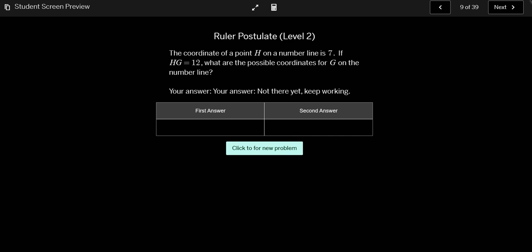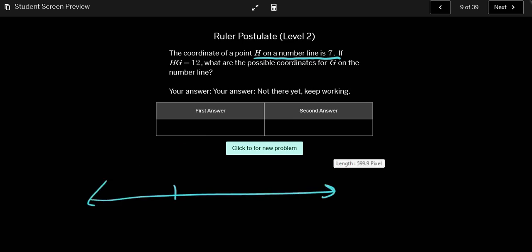Another way that this type of problem is presented is, instead of being given these distances and you're just comparing the different distances, you're given that H is on the number line and it's on 7. So we have this number line, throw in 0 because it's a number line, and over here is our H sitting at the position 7. Then we're told that HG is 12.